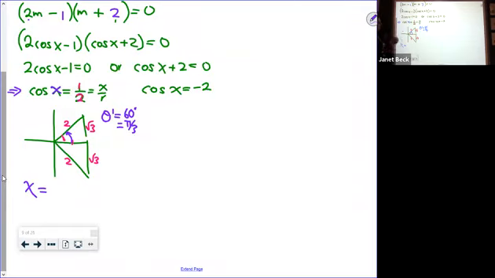The angle is called x that we solved for on this line. In quadrant 1, it's pi by 3. And here in quadrant 4, you're going all this way around. That would be 5 pi by 3. That was the solutions to this part.